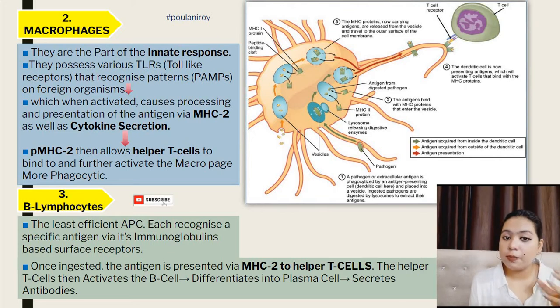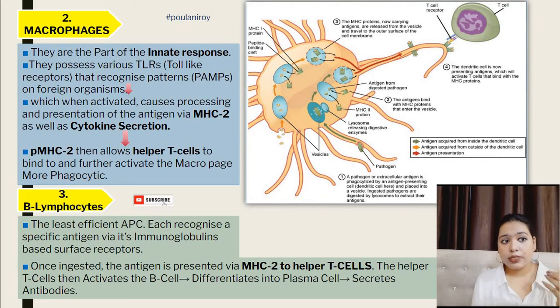The local police will go and report to the government, and they will call more and more security forces into that region to destroy or kill the terrorist that is out there. The same mechanism is occurring inside our body also.